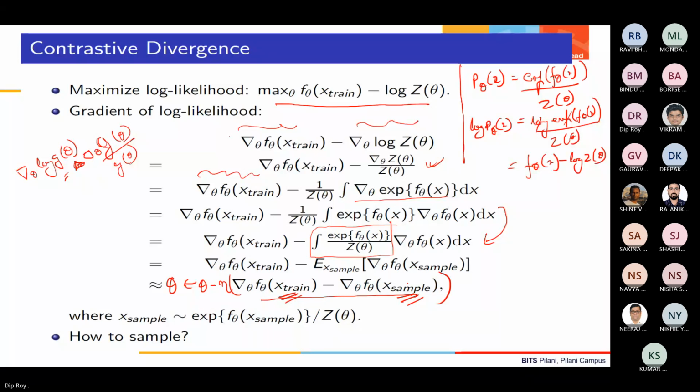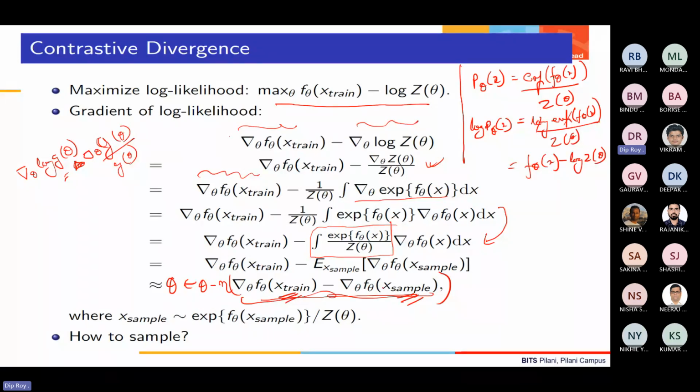And this is basically the gradient vector, just like any other gradient vector. This is a direction in the parameter space, but now it has two competing forces. One force is pulling theta to decrease the energy level of the real sample x train, and the other is pushing theta to increase the energy level of the fake sample, that is x sample.